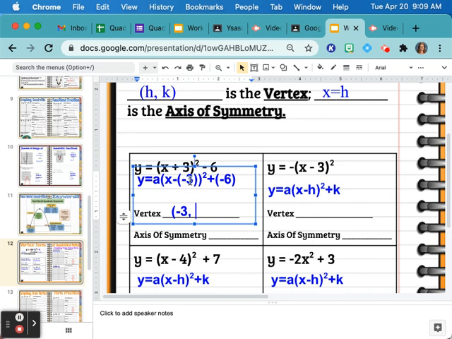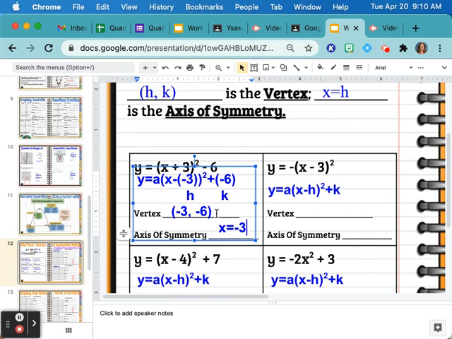So our vertex is (h, k). So I'm going to go over here and put h right underneath and k right underneath this one. So our vertex is (-3, -6). And our axis of symmetry is x equals h. So x equals the h value, -3.